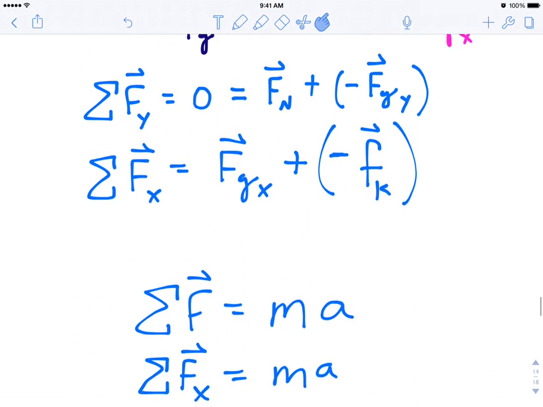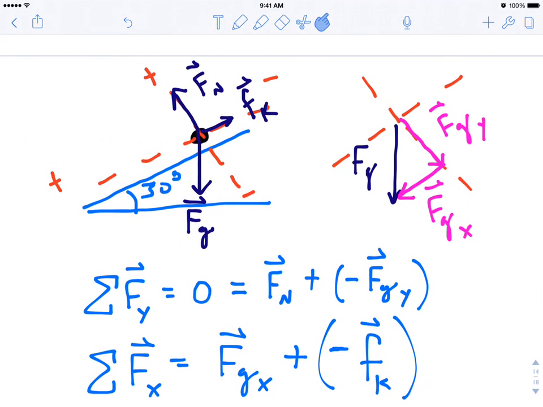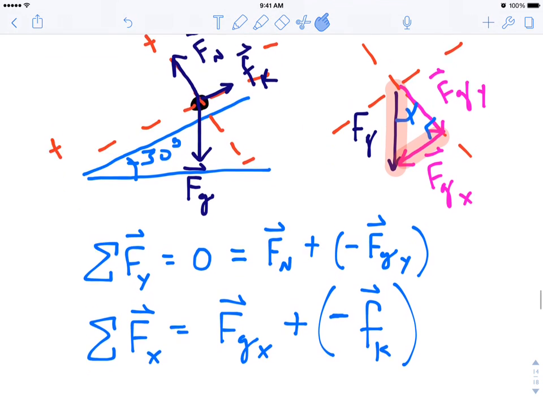If you could not remember that, however, keep in mind that the reason I knew that was because this angle was congruent to the incline of the hill, and if this is 90 degrees, then I know that this is the opposite side of my angle, and this is the hypotenuse, and I'm just simply using the sine function in SOHCAHTOA to figure out what my components are.